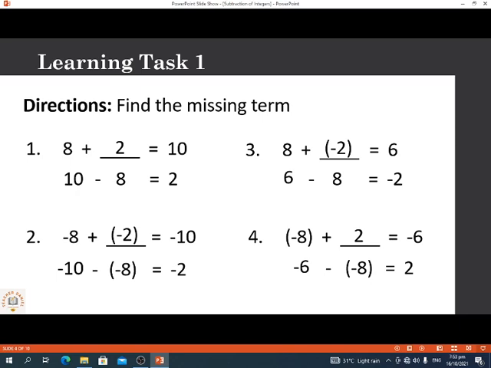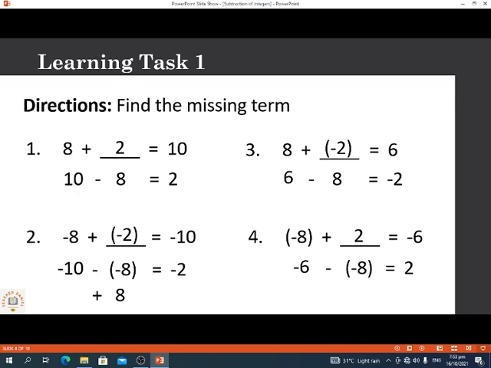Minus negative 8 can be read as opposite of negative 8. What is the opposite of negative 8? Very good. The opposite of negative 8 is positive 8. So let's change minus negative 8 as positive 8 or plus 8.